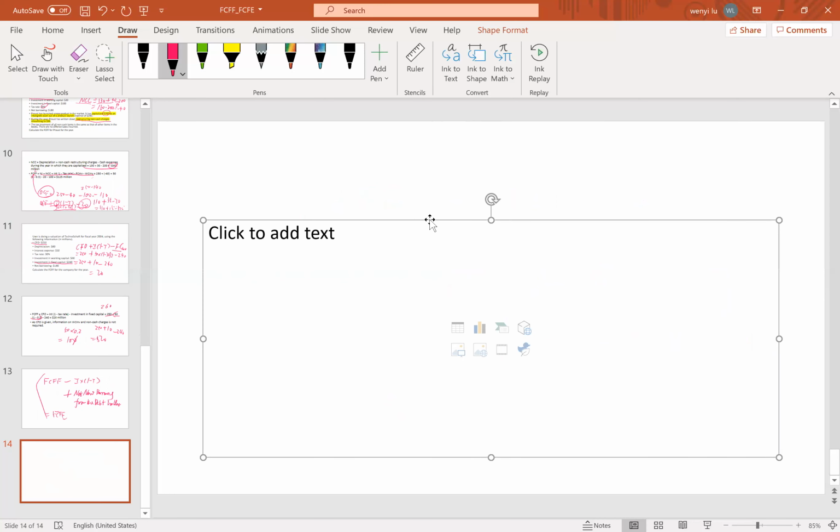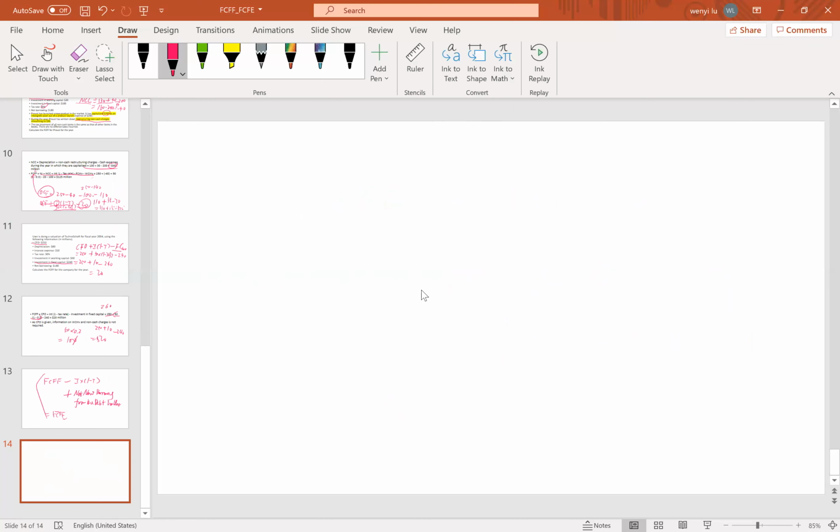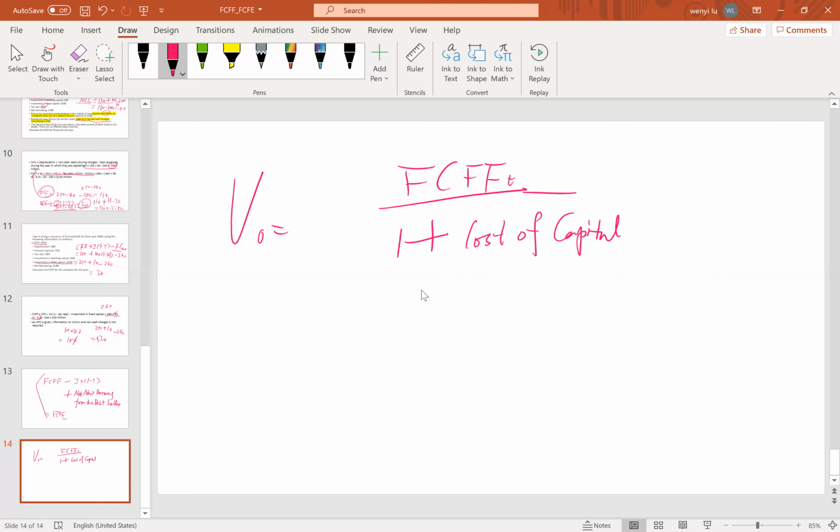Our firm's value equals the free cash flow to the firm divided by 1 plus the cost of capital, from 1 to n.